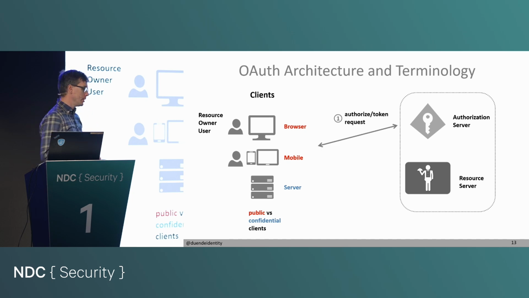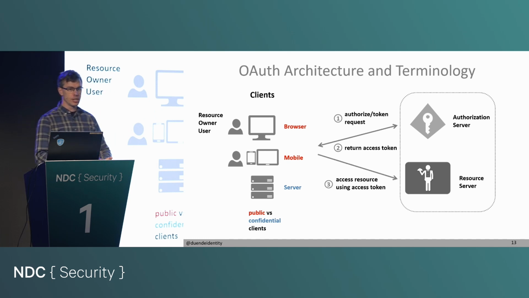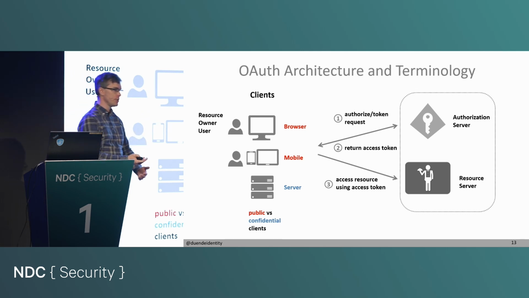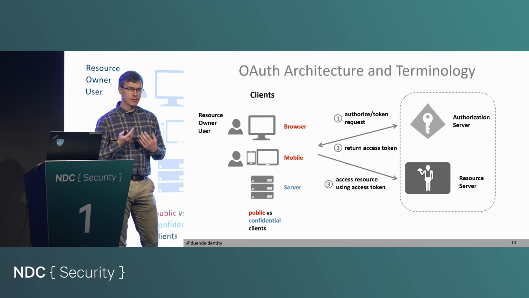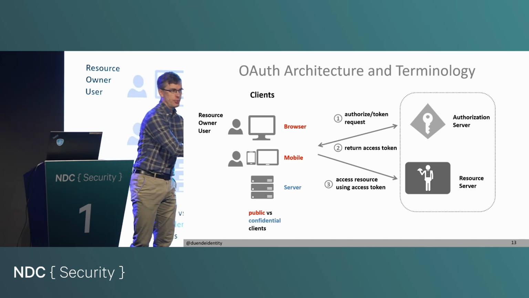The basic flow is that we do an authorization token request to the authorization server, we get an access token back, and then we use our access token to access the resource. When we do the call with the authorization server, we probably authenticate using, for example, a long-lived password, but the idea here is that the password is only entered on the authorization server.